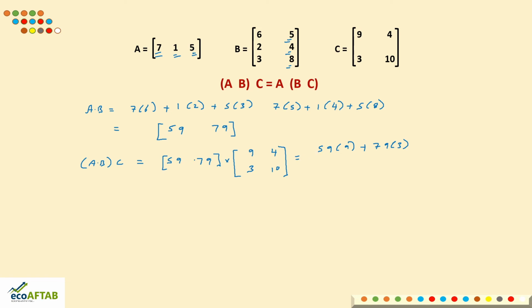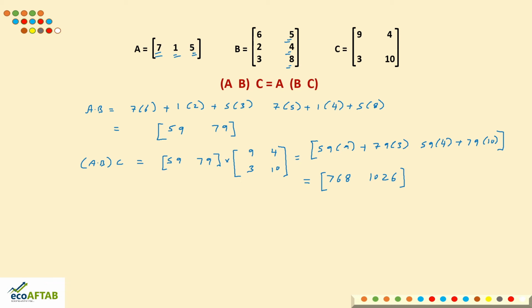The next one is 59 into 4 plus 79 into 10, and this is going to be 768, 1026.